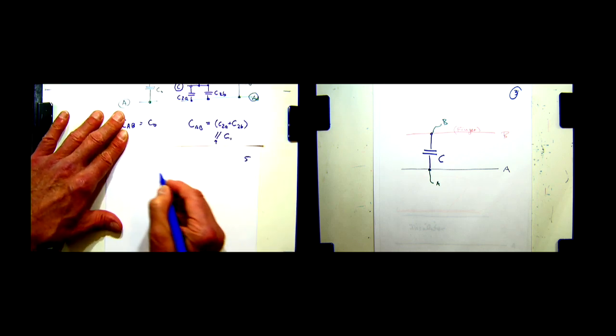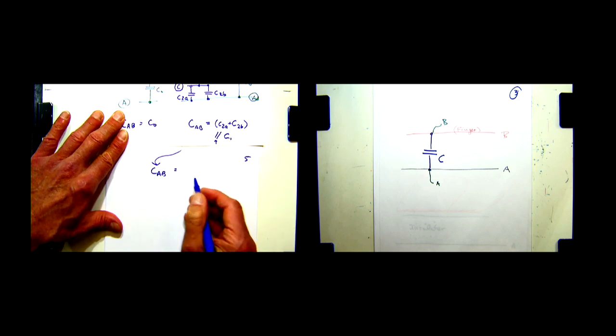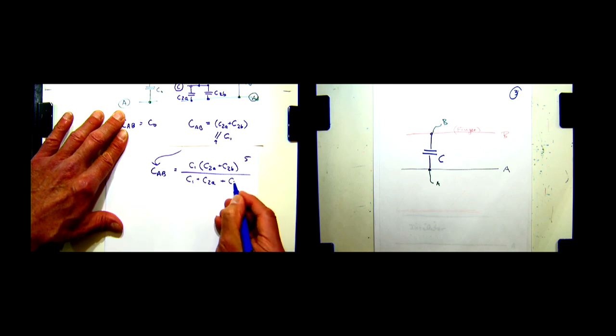CAB in that case, so that's this case, is going to be equal to C1 times (C2A plus C2B) divided by the sum of everything, C1 plus C2A plus C2B. Okay, so that would be the capacitance. Of course, we still have to figure out what C1 and C2A are, and could use the parallel plate capacitor equation also.